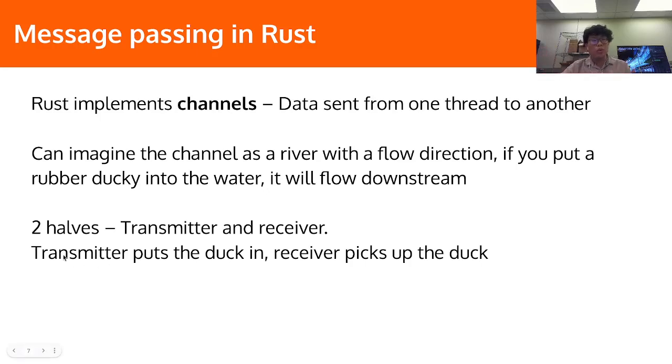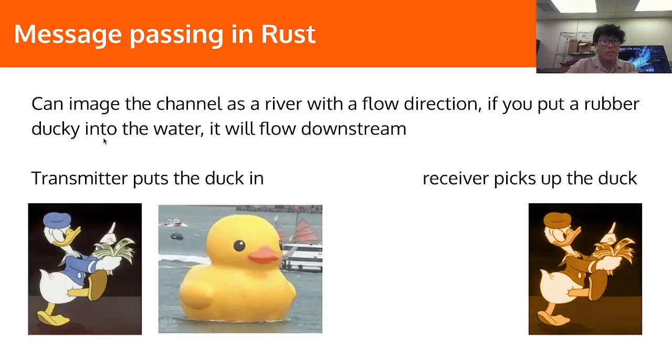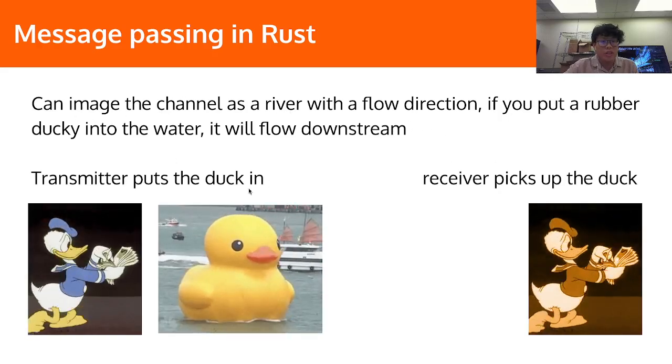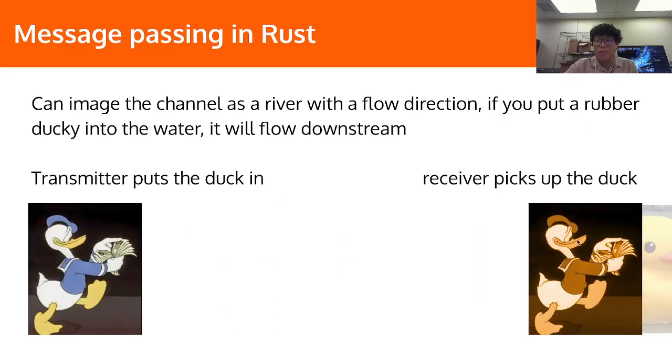There are two halves to every channel: a transmitting half and a receiving half, or in some places in the documentation, the sending and the receiving half. The sender will put the duck in and the receiver will pick up the duck on the other side. So you can imagine the channel as a river: the transmitter will put a duck in, and then it will travel across and the message will get picked up by the receiver.